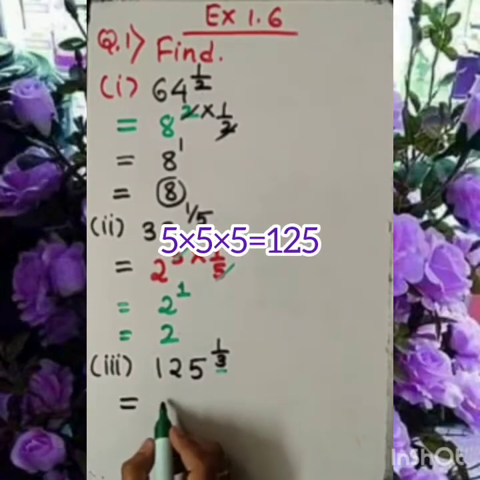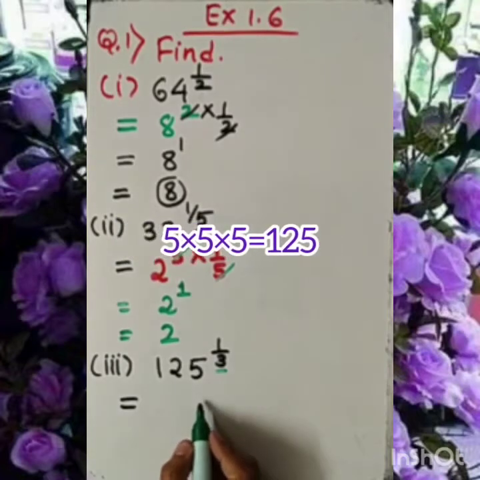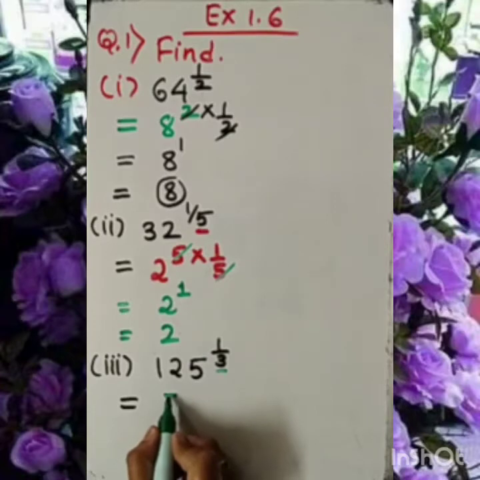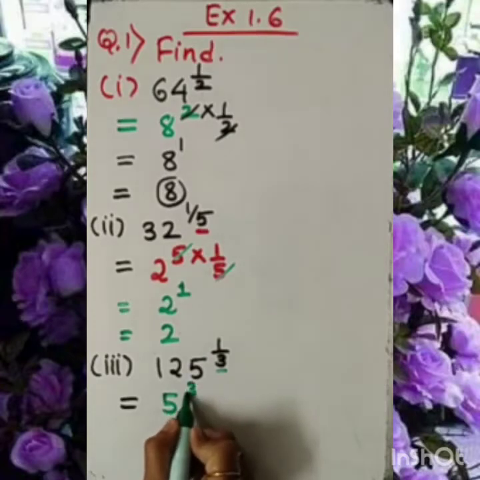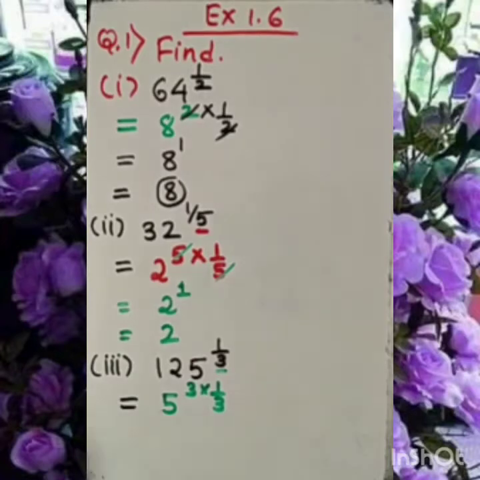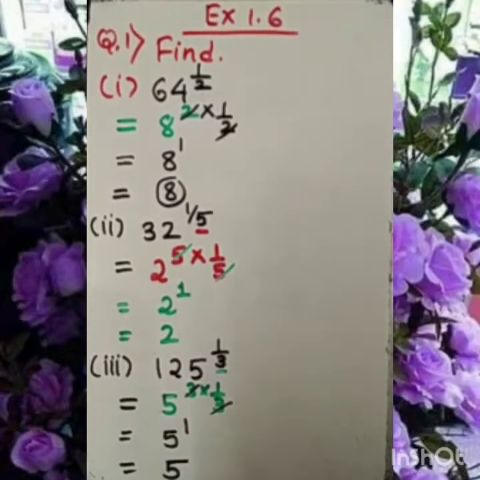So it is 5 into 5 into 5. Correct? So it means that it is 5 cube. We read it 5 cube, and 1/3 power is already there. So we cancel. What will we have here? 5 to the power 1. So the answer is 5. This is the solution with which we have to solve question number 1.